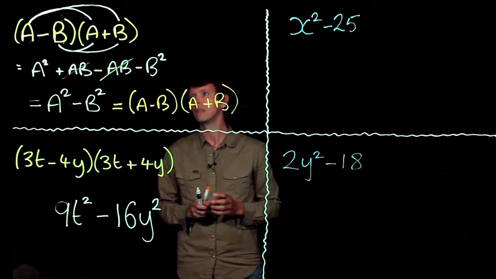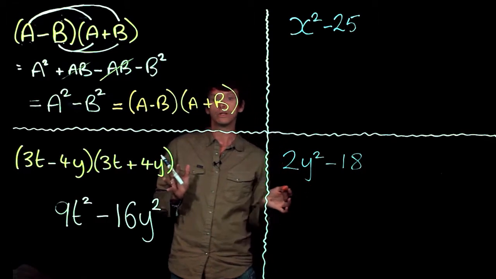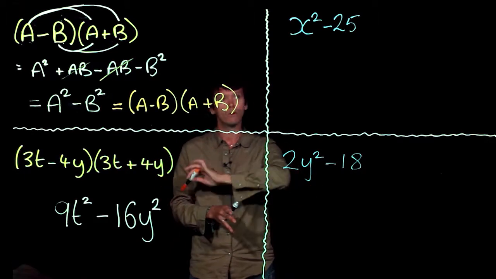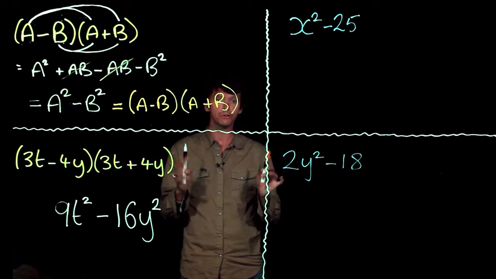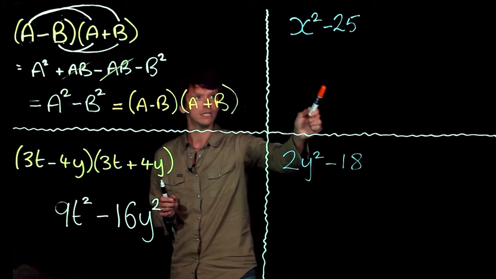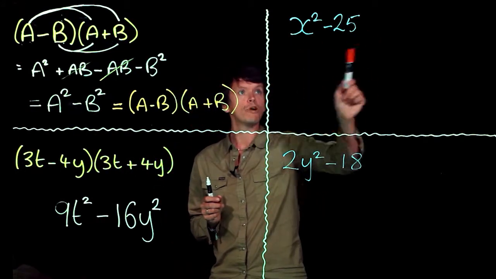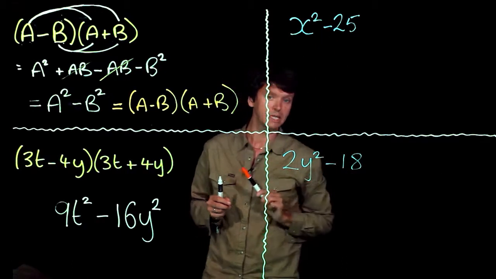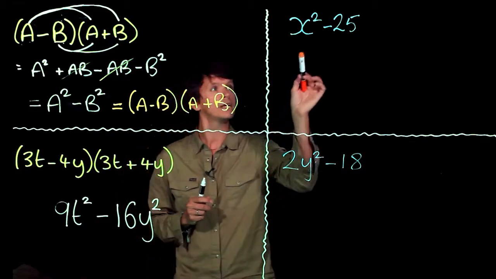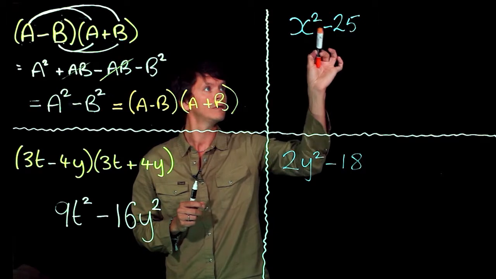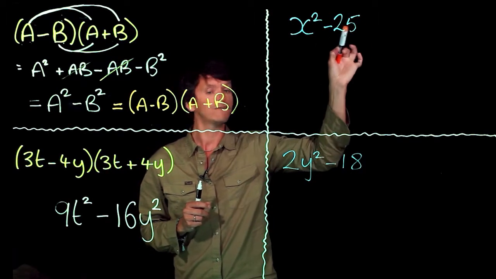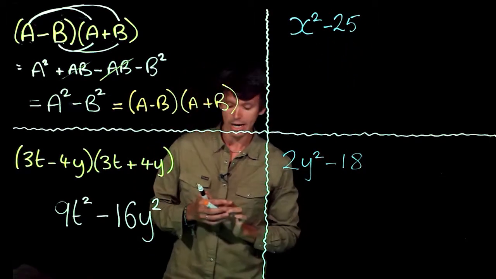Now, the other thing that you will need to do is to be able to go the other way. You can use the difference of two squares to factorize. Let's have a look at this. This is in the form already of a squared minus b squared, because we've got two square numbers. We've got x squared. We're subtracting 25, which is 5 squared.